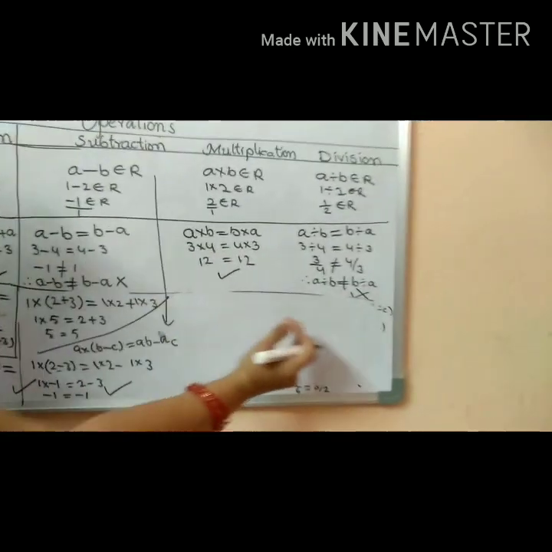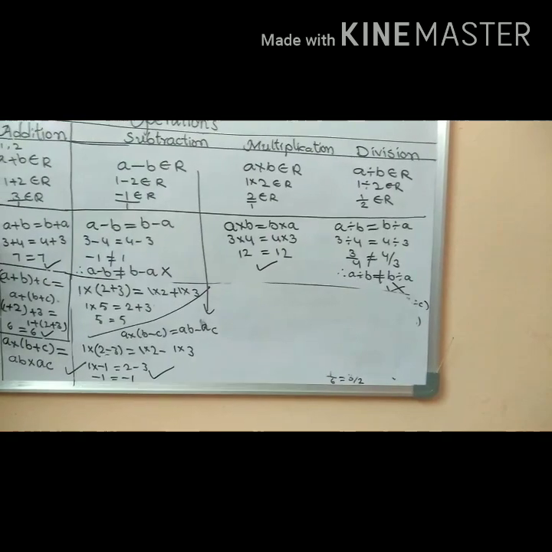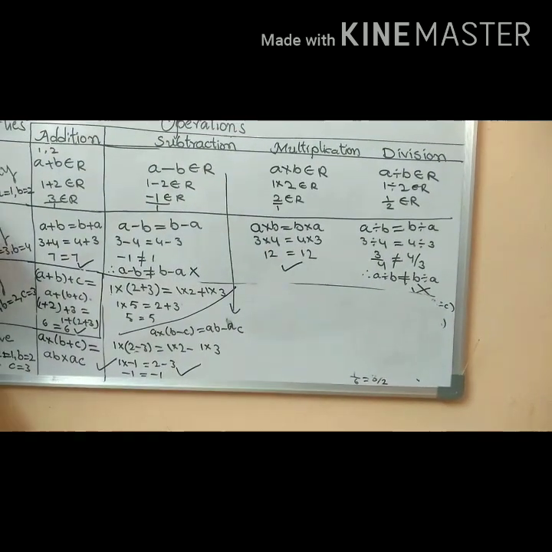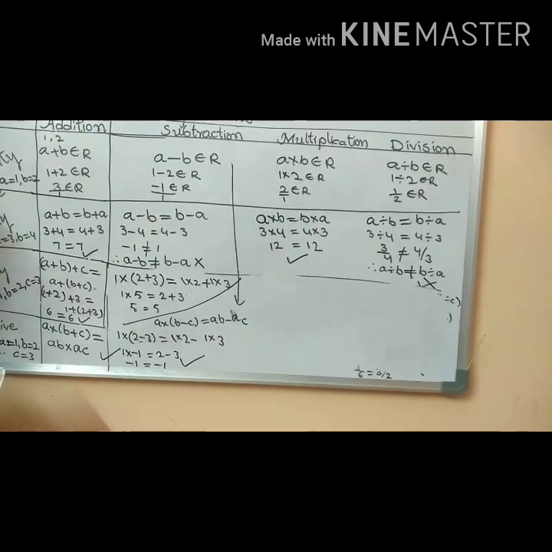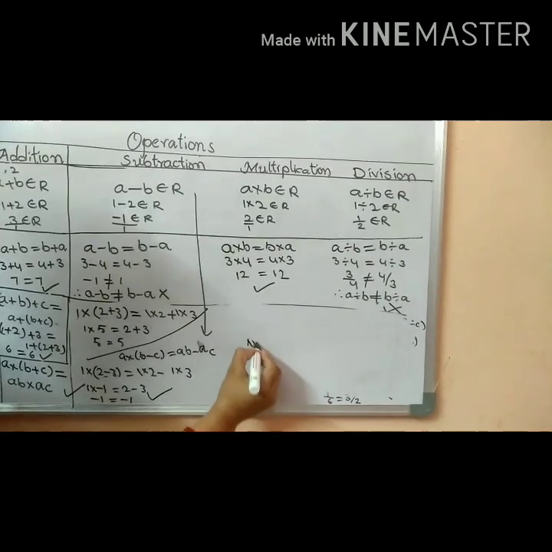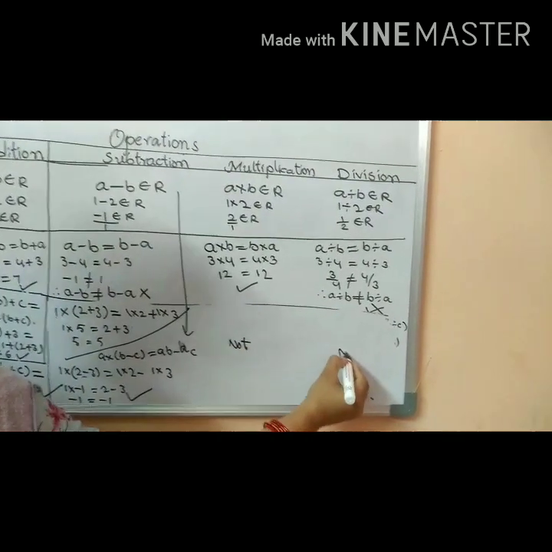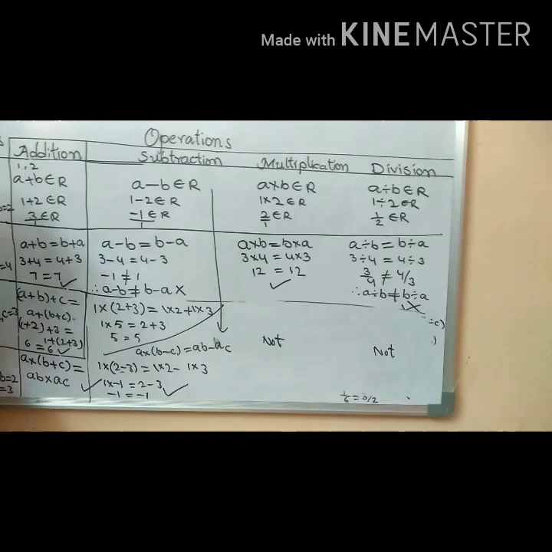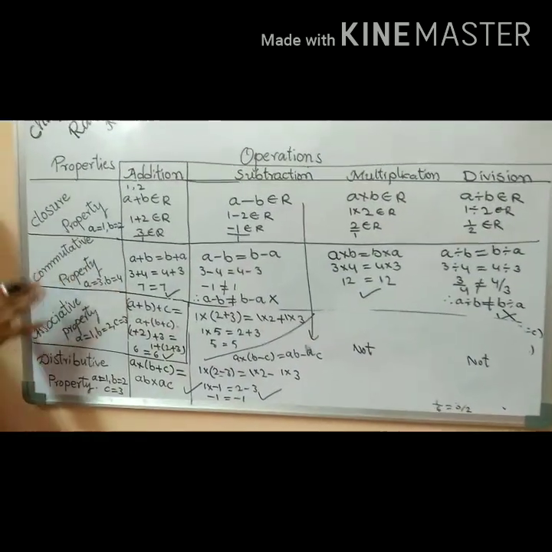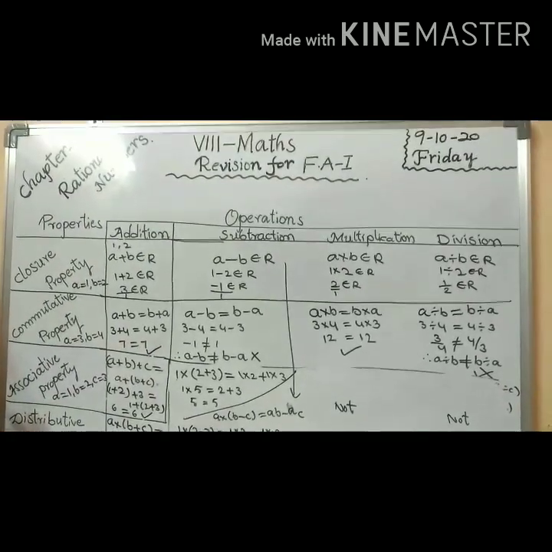The remaining two cases, multiplication and division, are not possible. Did you understand? So in this case it is not possible and in this case it is not possible. Okay. So these are the properties of rational numbers. Did you understand, children? Okay.